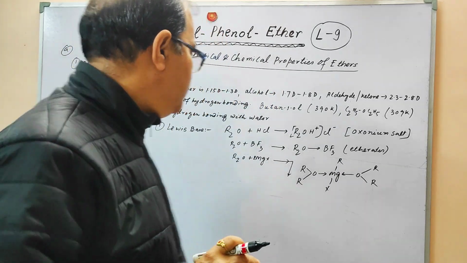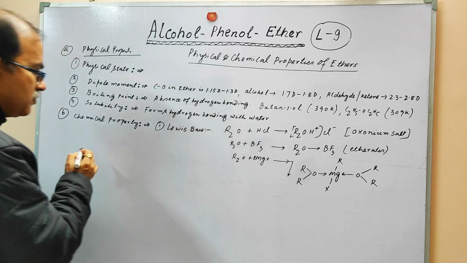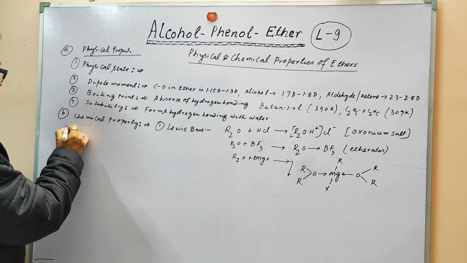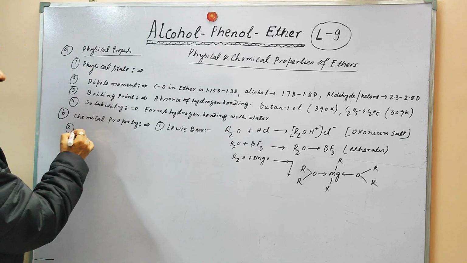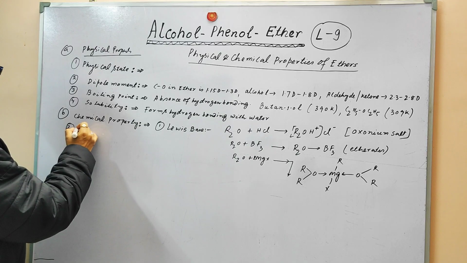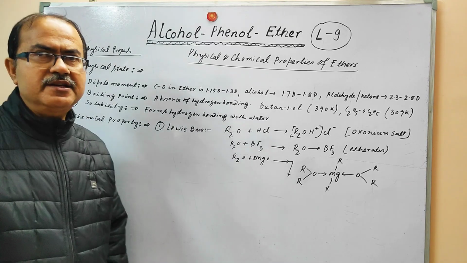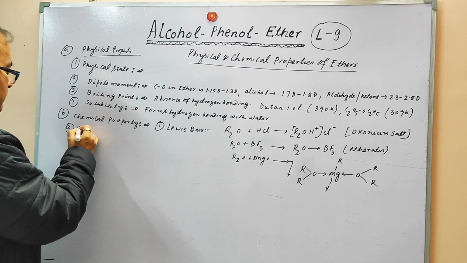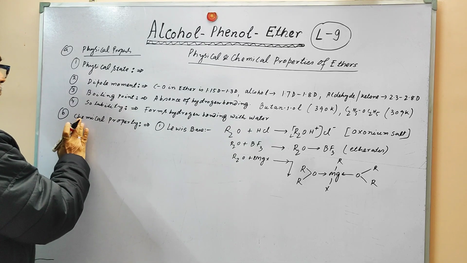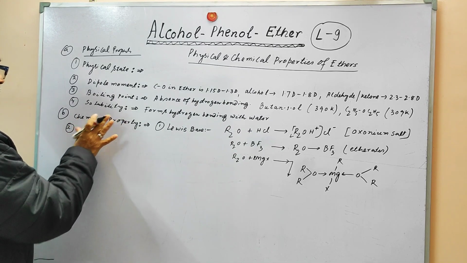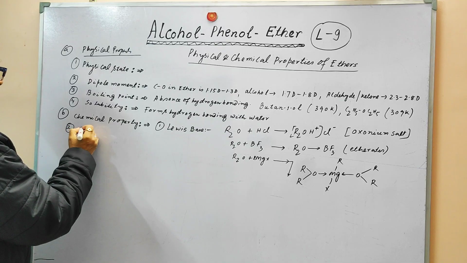Now, the second reaction, an important reaction that we are going to discuss, is the reaction with halogen acid. First, let us discuss the reaction with PCl5, phosphorus pentachloride.